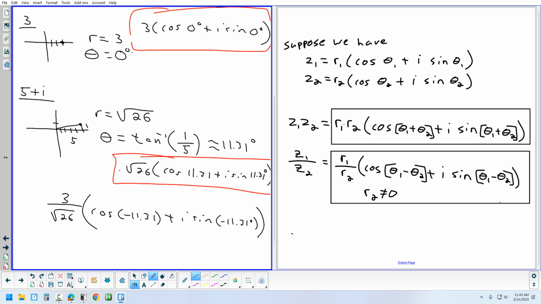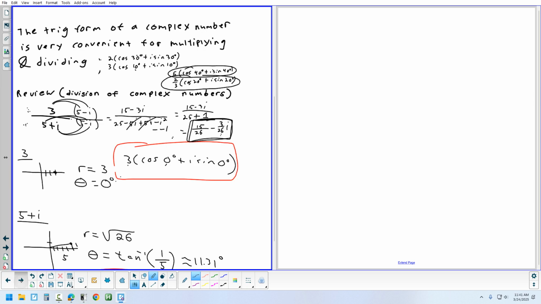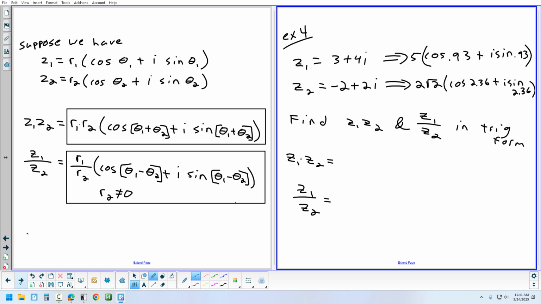So that's the answer when you divide those in trig form. Besides finding what was in the red boxes, notice how quick it was. You just had to take that number divided by that number, and that angle minus that angle, and you were done. Did it take a little while to get what was in the red boxes? Yes. I told you it's only really fast if they give you trig form, which in the next problem I will.